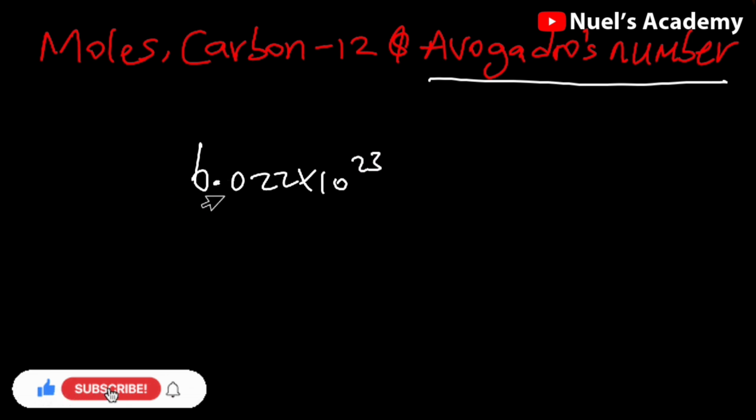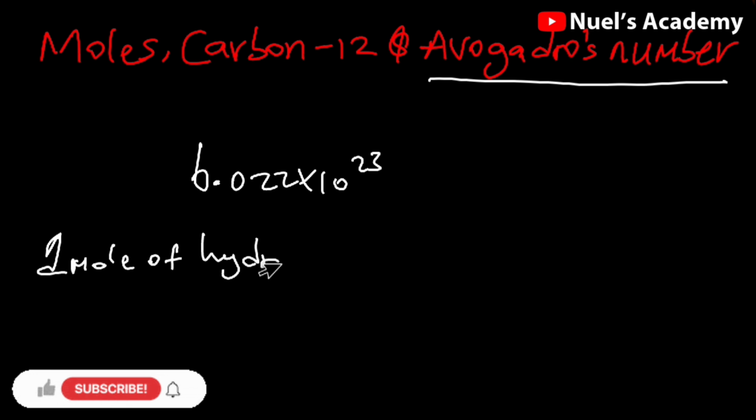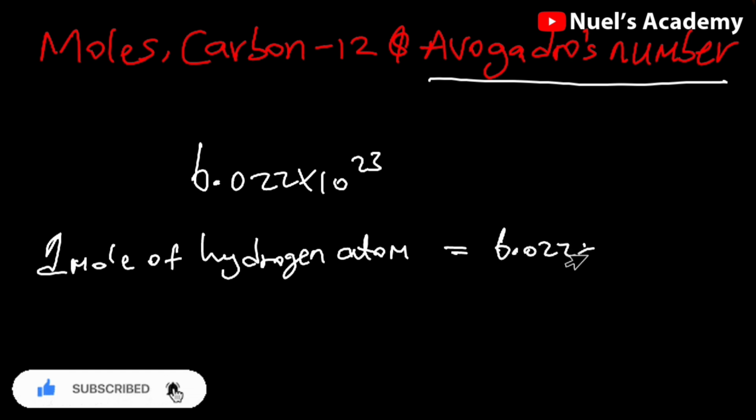It is simply the number of particles in 1 mole of any substance. So for example, 1 mole of hydrogen atoms is equal to 6.022 times 10 raised to the power 23 atoms.